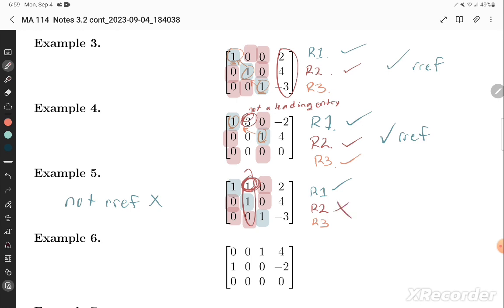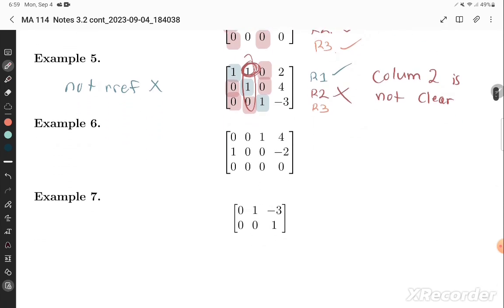So I don't even need to check R3. R3 doesn't matter. It doesn't meet R2. The columns are not all clear. So we're going to say column 2 is not clear. So it's not in row reduced echelon form.